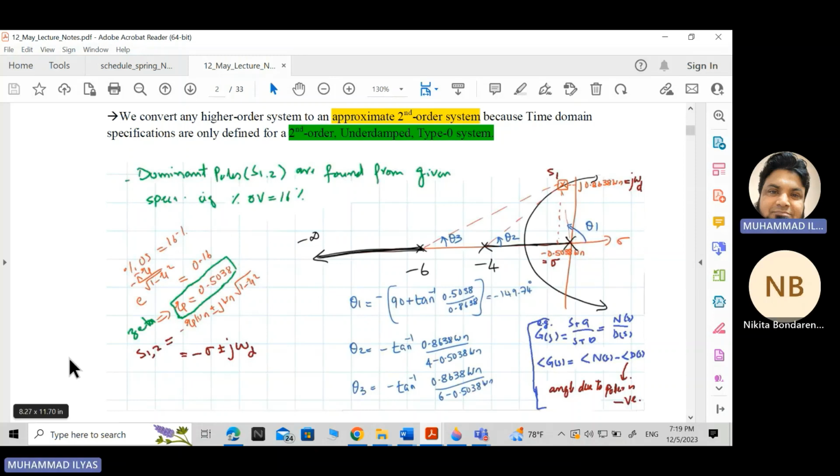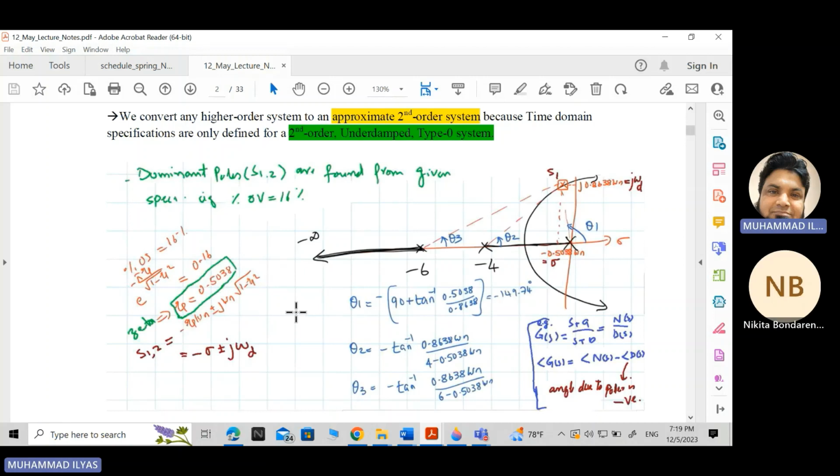First, let's find the damping ratio of this given system. One requirement given is that the percentage overshoot is 16%. Using the relationship between the percentage overshoot and the damping ratio zeta, this is the formula, so we can calculate zeta.